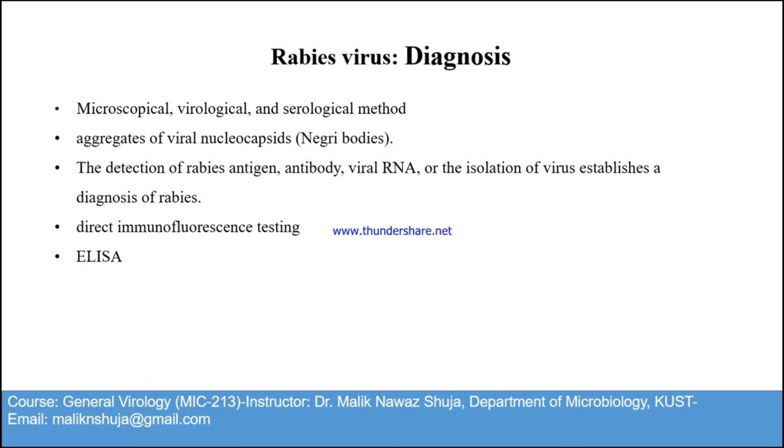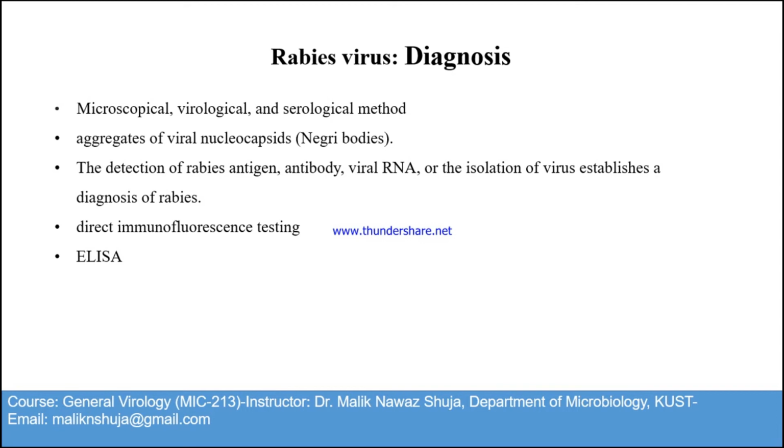We take samples, and these samples are viewed under a high-level microscope or electron microscope or ultramicroscope. We can see the Negri bodies. Similarly, the antibodies or antigens which are present inside can also be detected. The best method is the PCR based method.